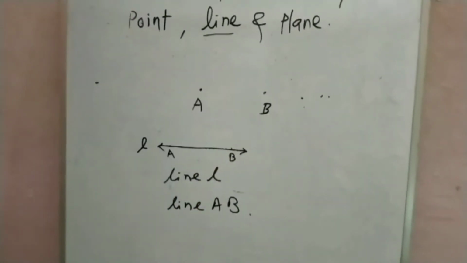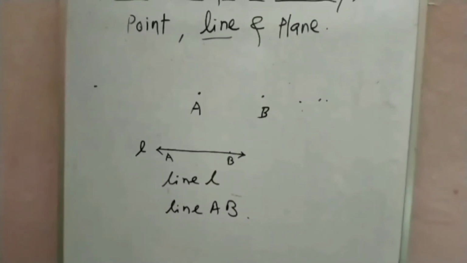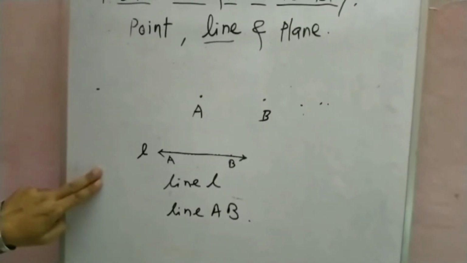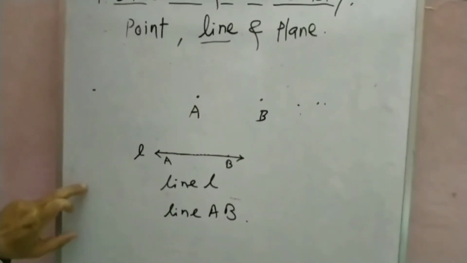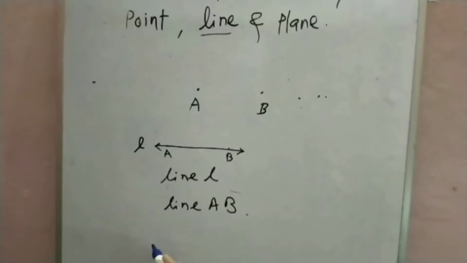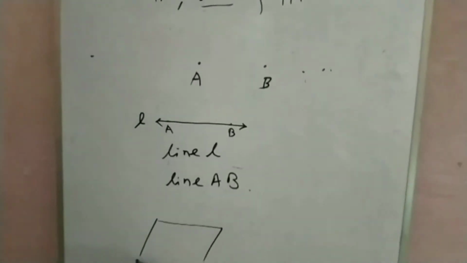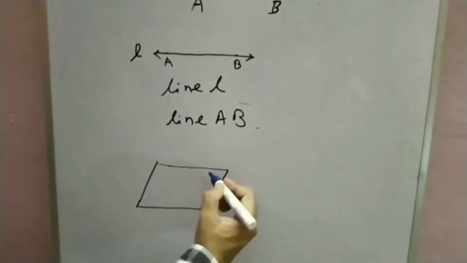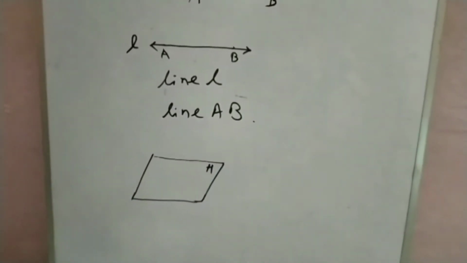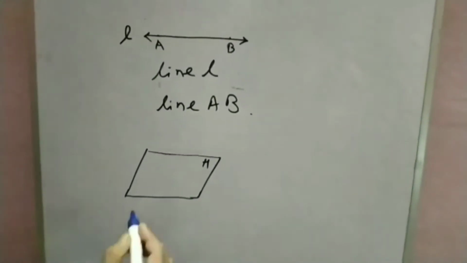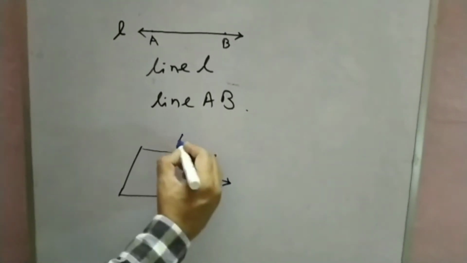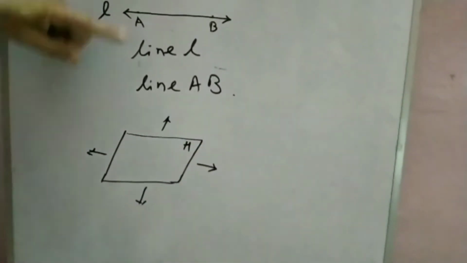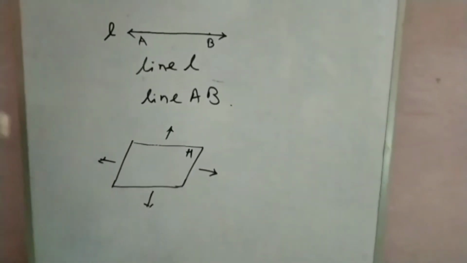And what is a plane? A plane is actually a plane surface. This board is also a plane surface, so it is called a plane. We indicate a plane in this way. We give a name to that plane, that is plane H. Actually, this plane stretches on all sides, increasing all sides.